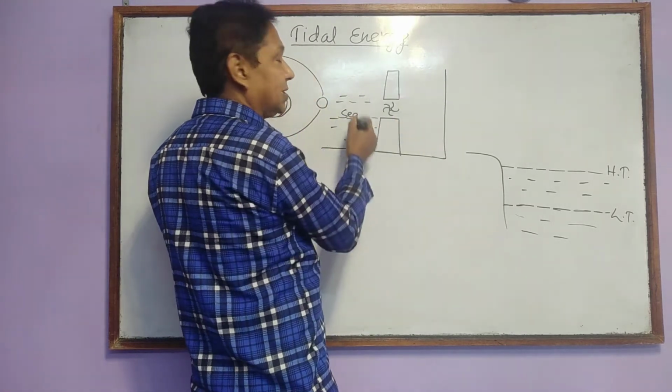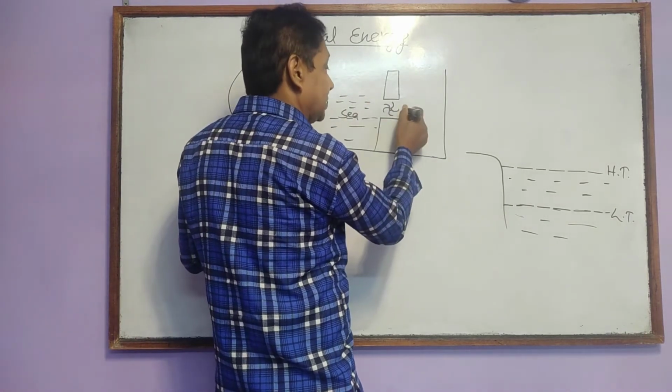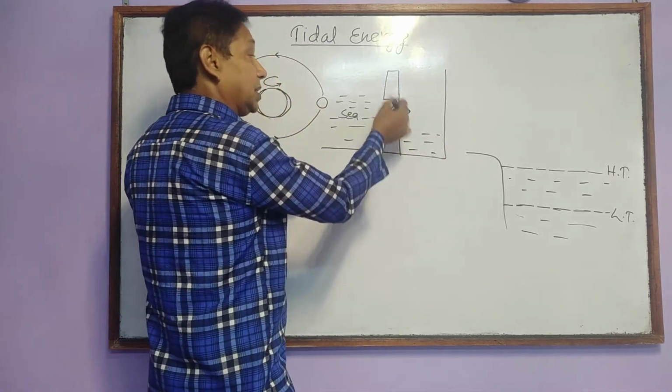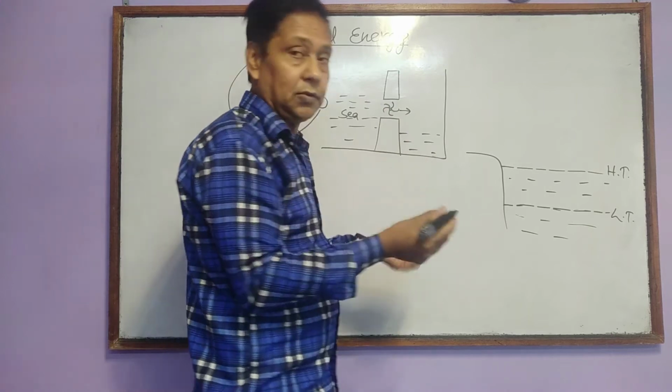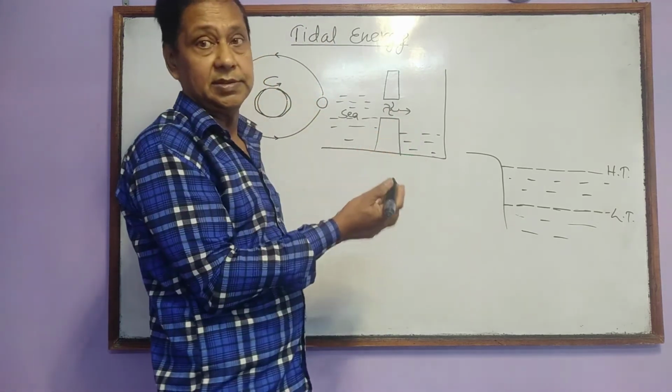When seawater rises, then what happens? Seawater enters into this reservoir, and when it enters, it rotates the turbine and enters into the reservoir. Rotating turbine runs generator. Generator generates electricity. This way electricity is generated.